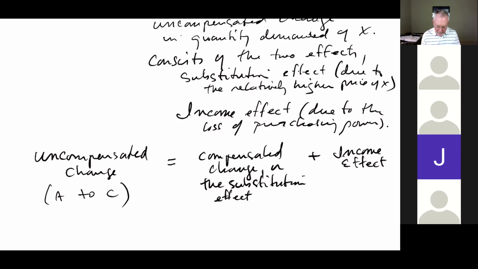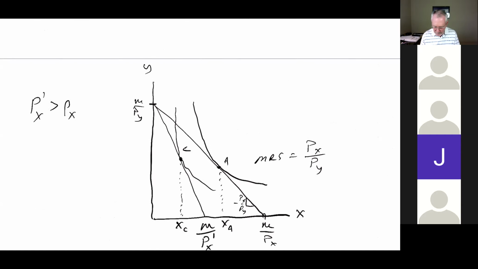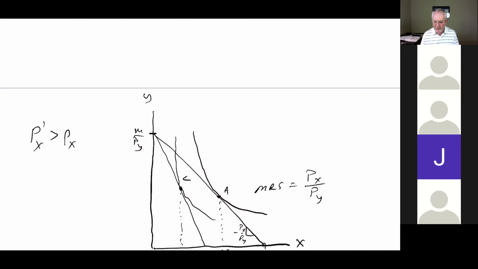Now, I've already found the uncompensated change. I said we went from A to C. So that was my uncompensated change. How do I find then one of the two other ones? And the one that I think is easiest to find that makes this whole problem more tractable is to first locate the substitution effect.